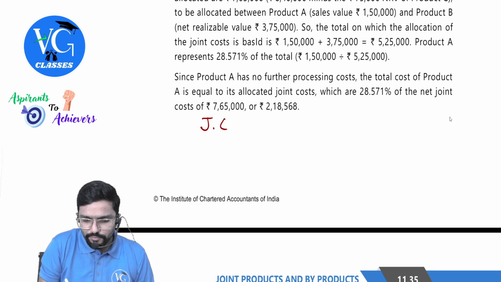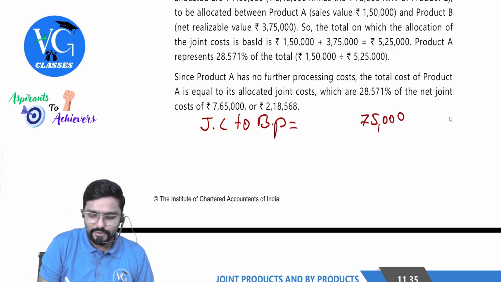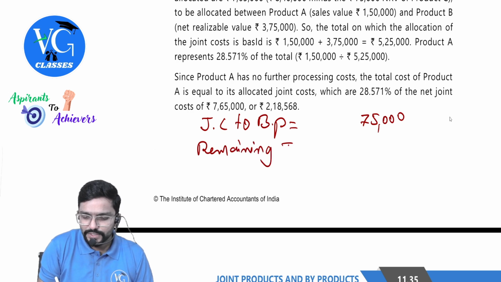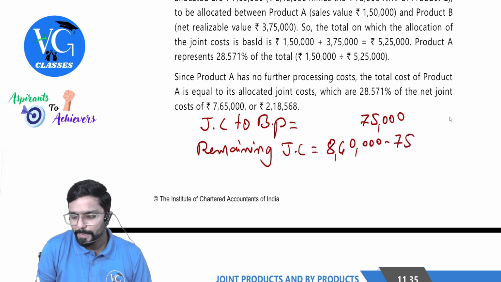Joint cost to byproduct. How much, guys? 75,000. What is the remaining joint cost? Remaining joint cost is 8 lakh 40 minus 75.